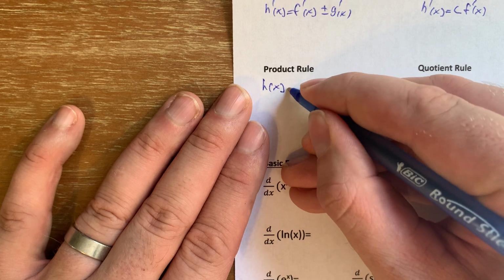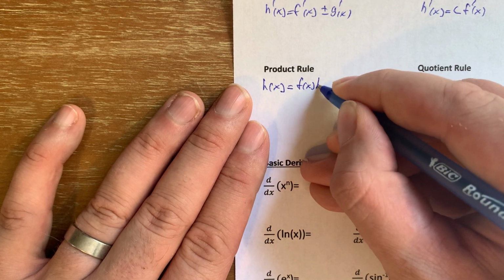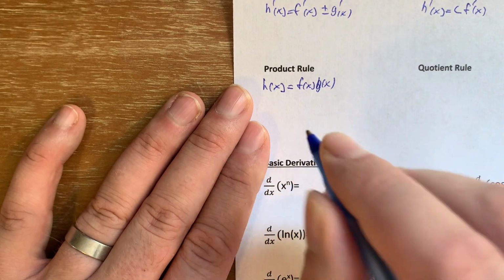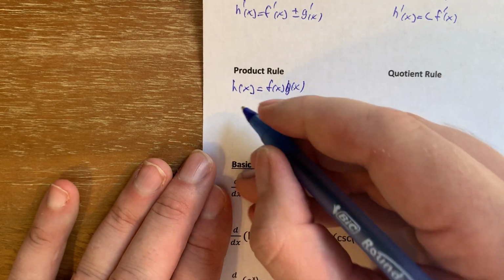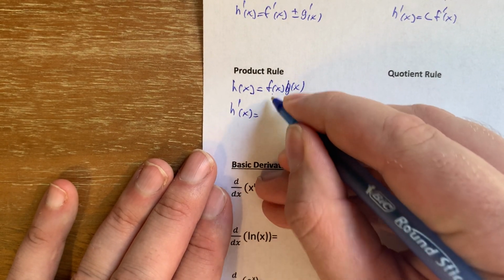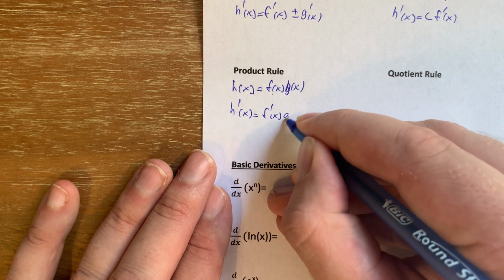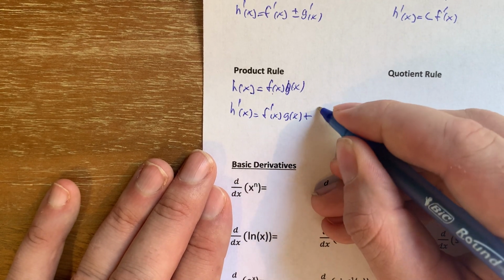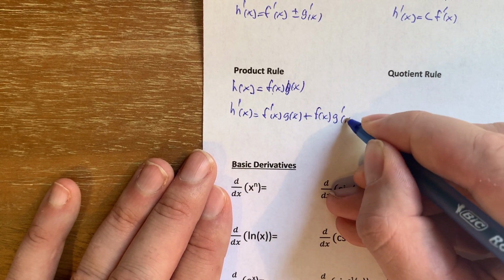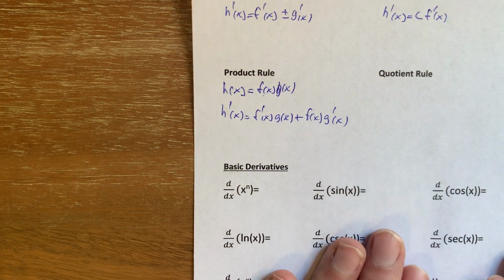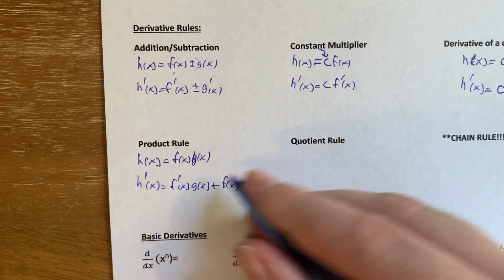The product rule says if we have a product of two functions we know how to do the derivative of, f of x times g of x, how do we do that derivative? Well, the derivative is the derivative of the first times the second left alone, plus we leave the first alone times the derivative of the second. These should be memorized. The quotient rule is very similar.